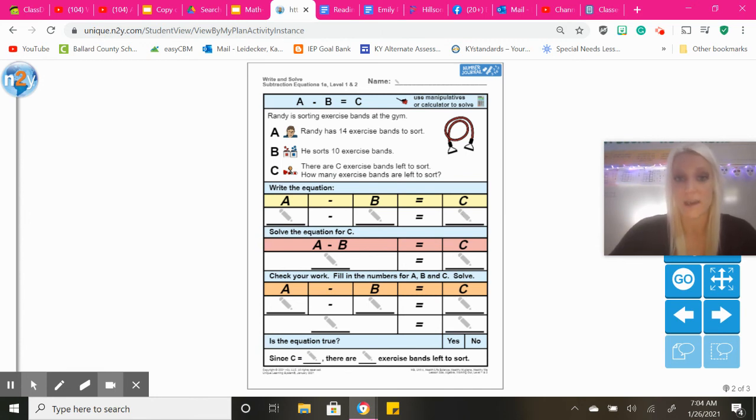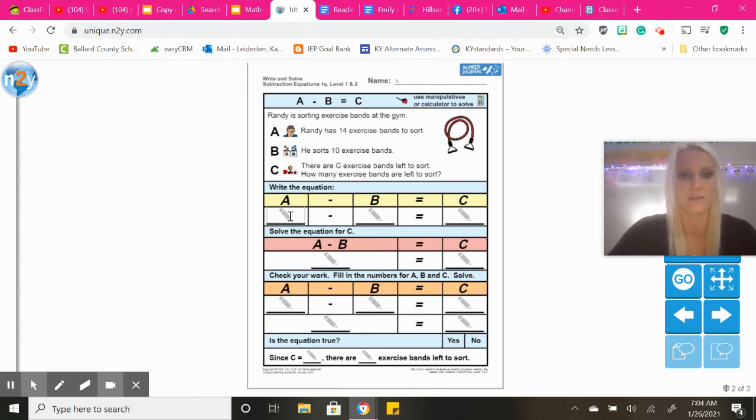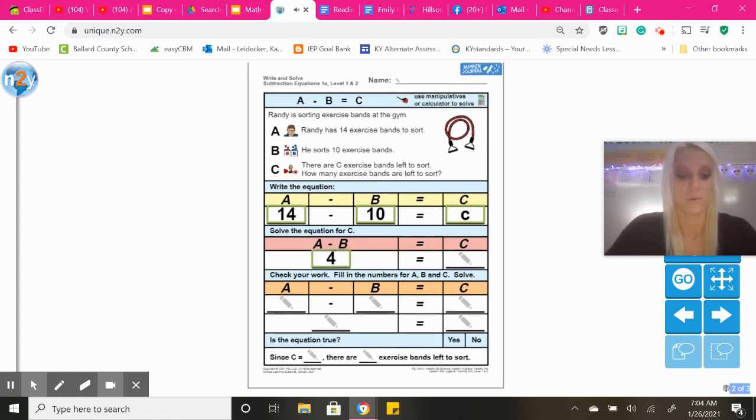So we're trying to figure out how many exercise bands are left to sort. So A was 14, B was 10, C is our unknown. We're trying to figure that out. So 14 minus 10 is 4.